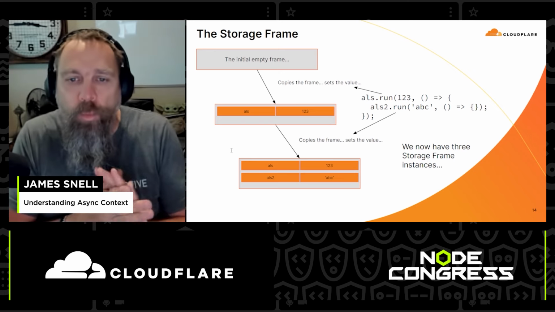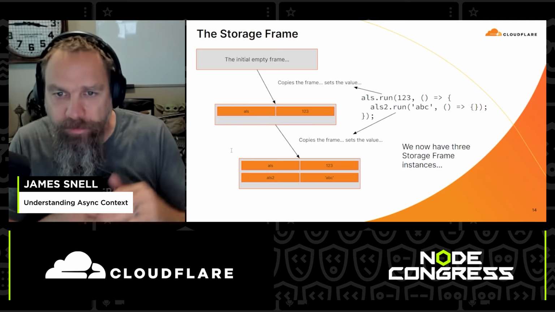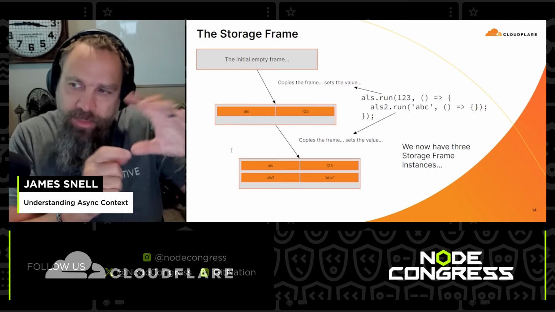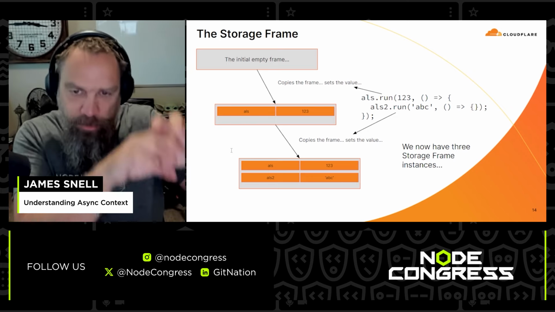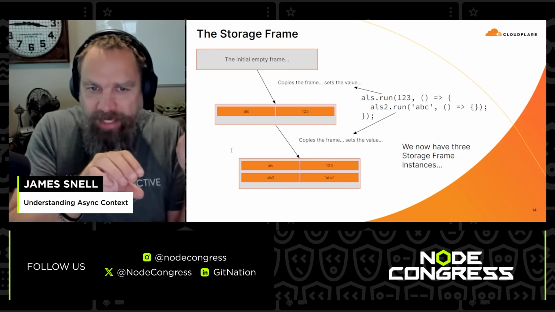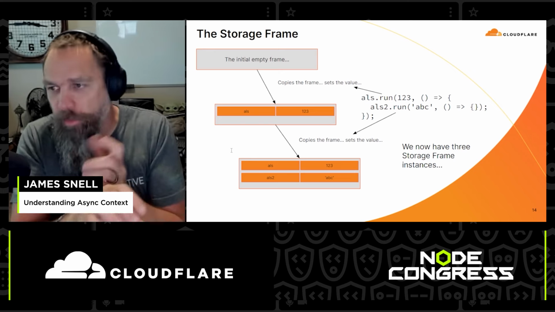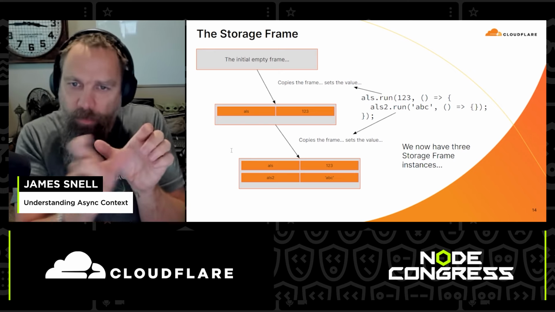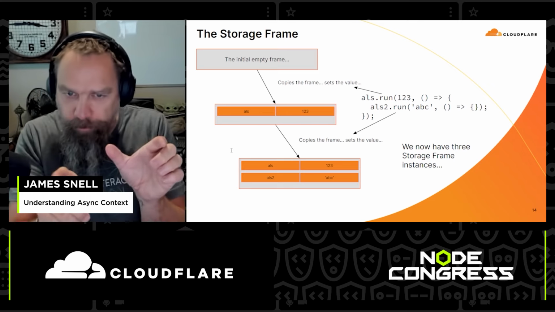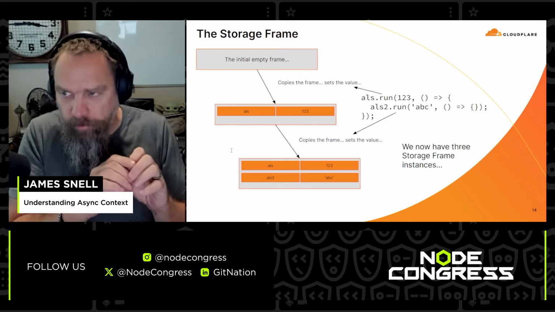All right. The first time we call ALS run, ALS being async local storage, and we specify a value, that initial empty frame is copied into a new instance. In that new instance, we set ALS as the key equal to the value we passed in, 1, 2, 3 in this case. Notice that when we're running inside ALS run, that new frame becomes the current frame.